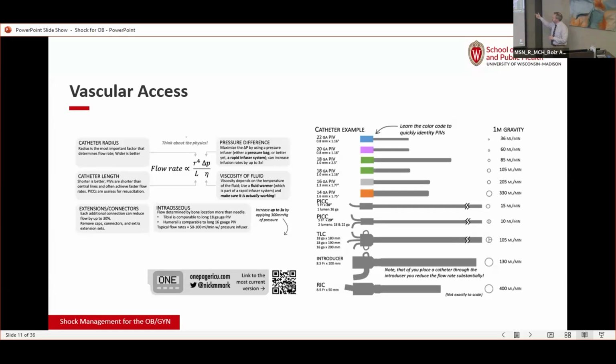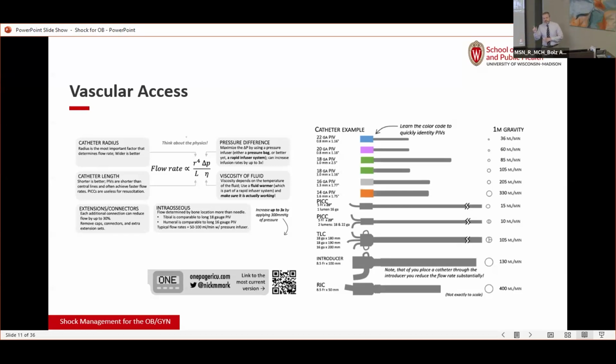A 16 gauge can do 205 mLs per minute, whereas a triple lumen, which is this one here, the most common one we put in the ICU, can only do 105, okay? And until you get to these really large perfusion catheters, you're not even going to get close to what a large bore IV can do. So the biggest thing when we're trying to replace somebody's volume is get more IV access and get the biggest, shortest IV you can, okay?